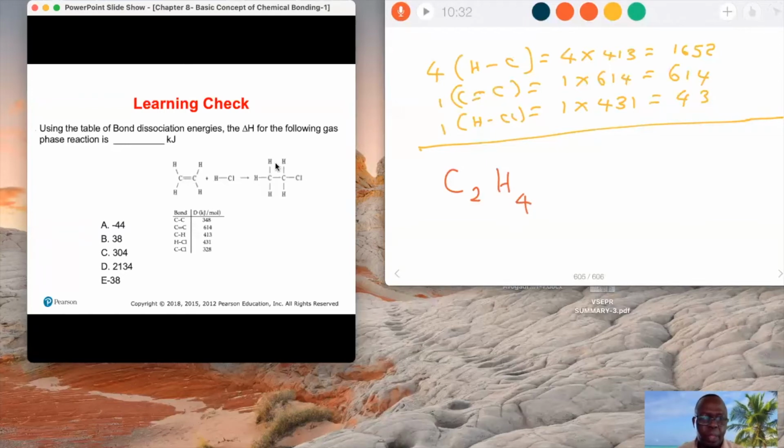But I think it will be helpful if you have it in this form, the way you see on the PowerPoint slide. You will see the double bond, you will see the single bond, and you will be given a table similar to this. All you have to do is do the math: how many hydrogen carbon do I have, how many carbon, and then you do the math for the reagent. Look at the arrow. These are the reagents. This is the product.